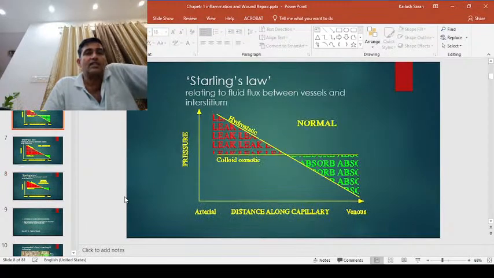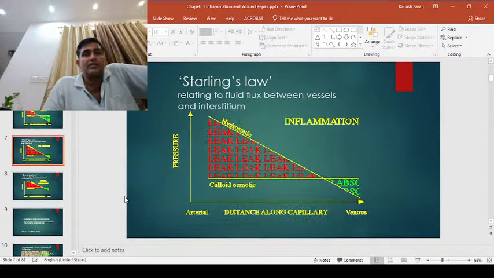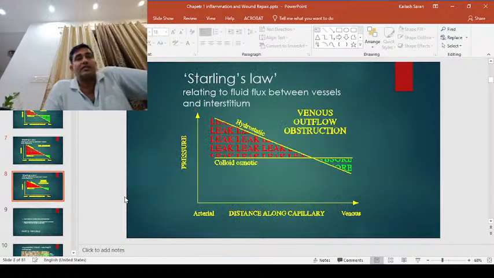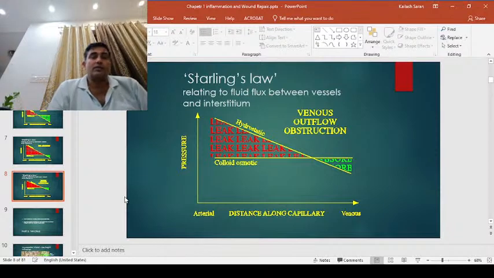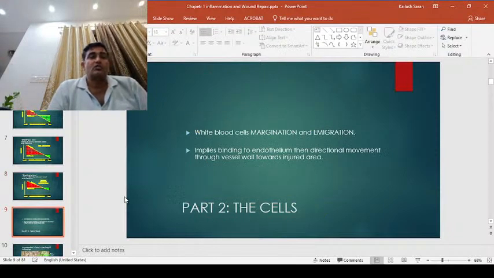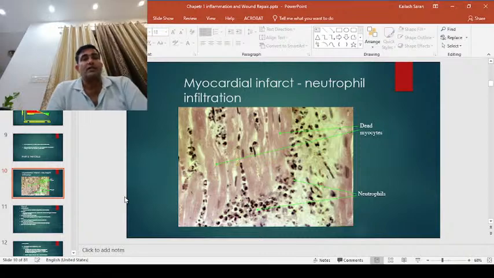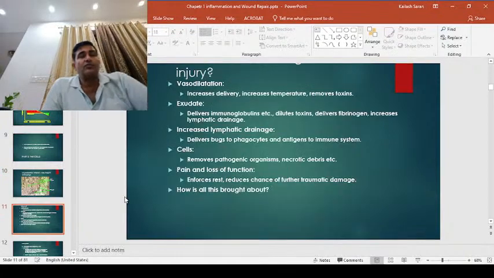You have to check the area in the graph between the hydrostatic pressure and colloid osmotic pressure, and then judge whether it is normal, meaning a balanced one. If it is more area, then it's inflammation, and if it is less area, then it is venous flow obstruction. Then again, migration, neutrophilic infiltration.